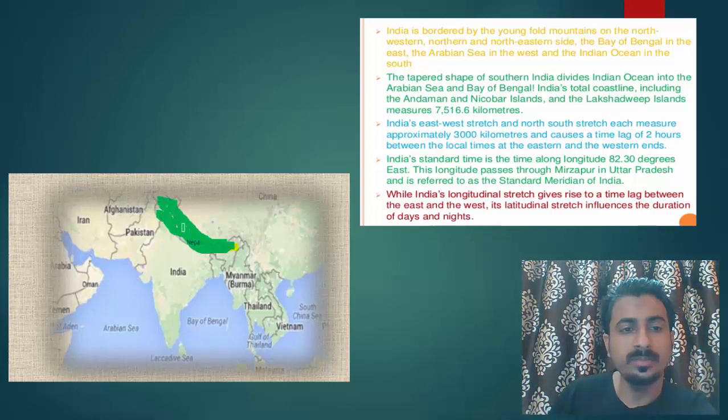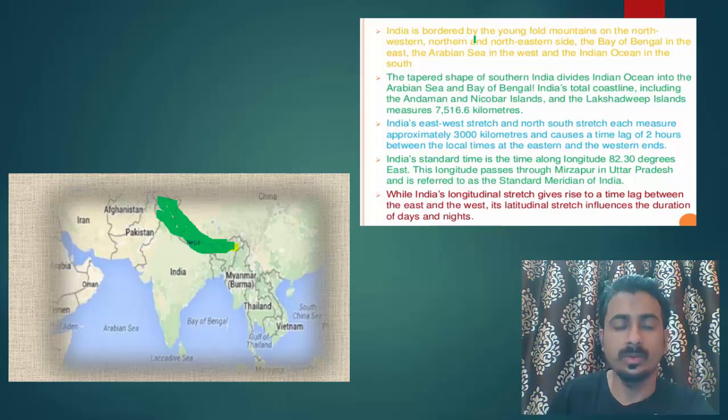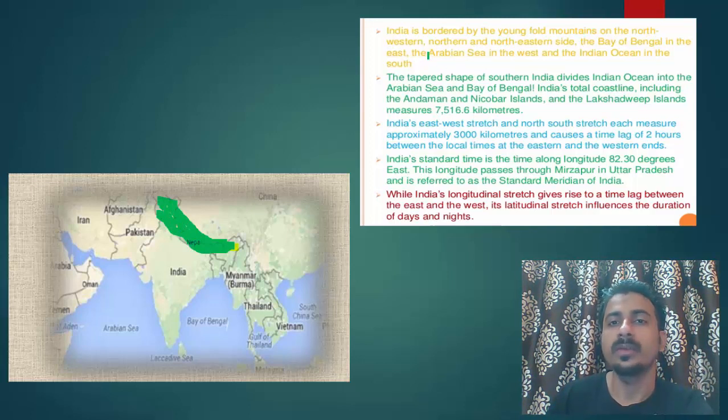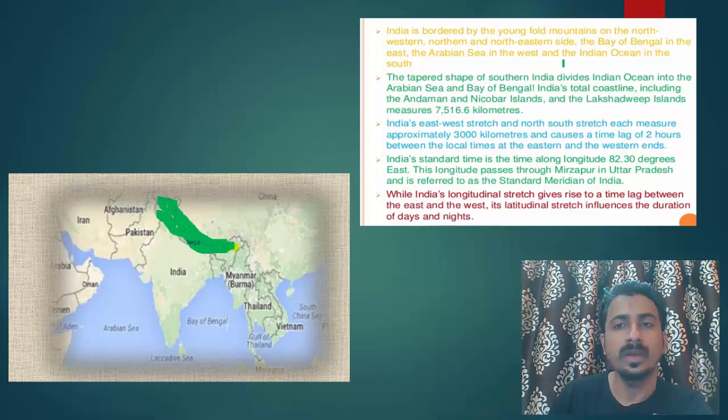If it is brown in color, then it means it's a desert, which is not shown in this map, but it is shown by that color only. So it's an indication. Himalayas are young fold mountains because they developed recently. In the north, we have Himalayas, and northwest and northeast, India's northeast part, the seven sisters. So northeast also we have Himalayas.